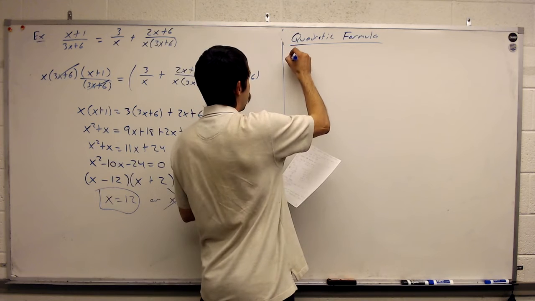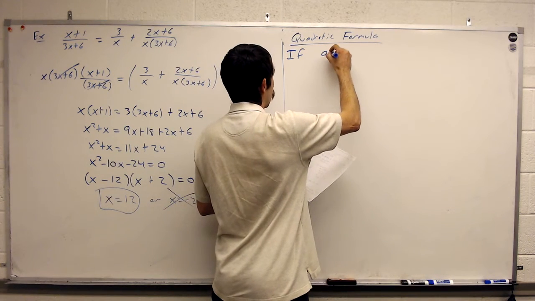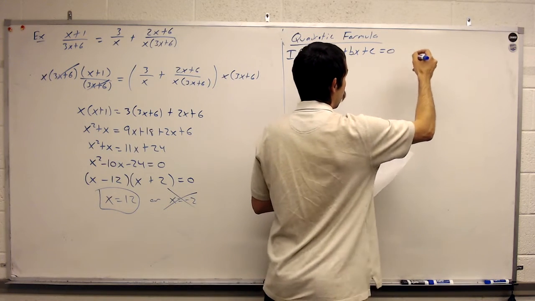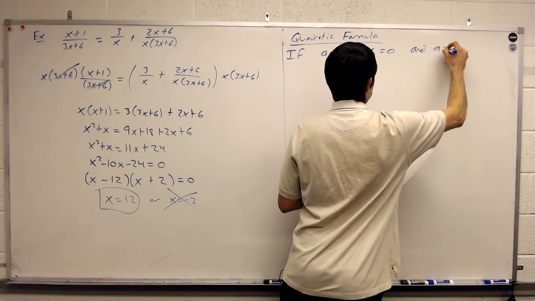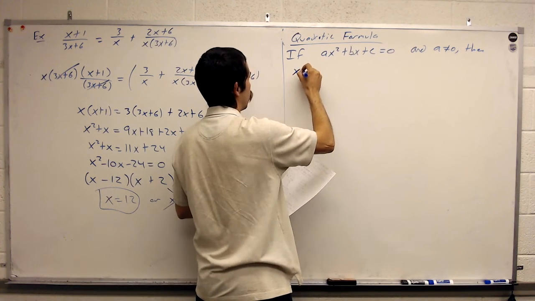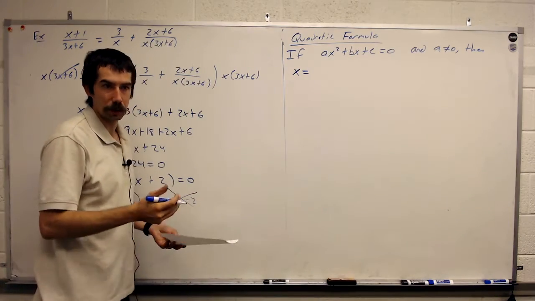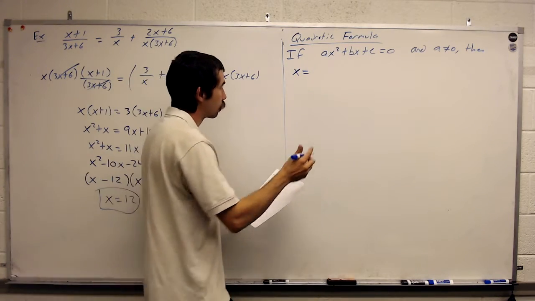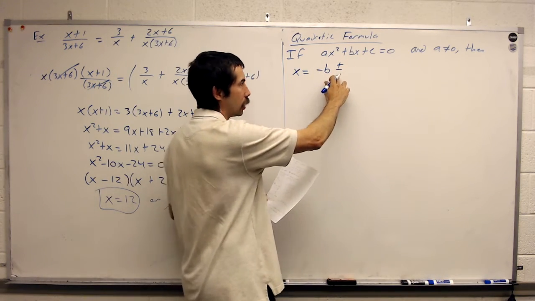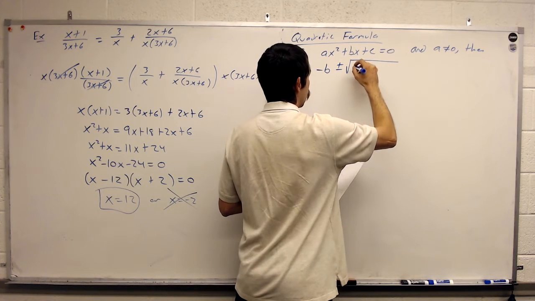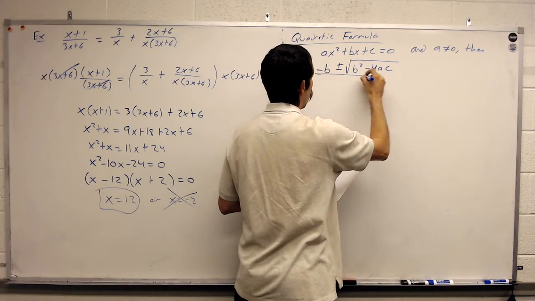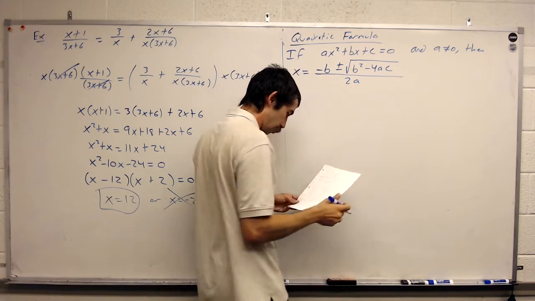It says if ax squared plus bx plus c equals 0, and a is not equal to 0, then to solve for x, x equals negative b plus or minus the square root of b squared minus 4ac, all over 2a. There are two different solutions here.